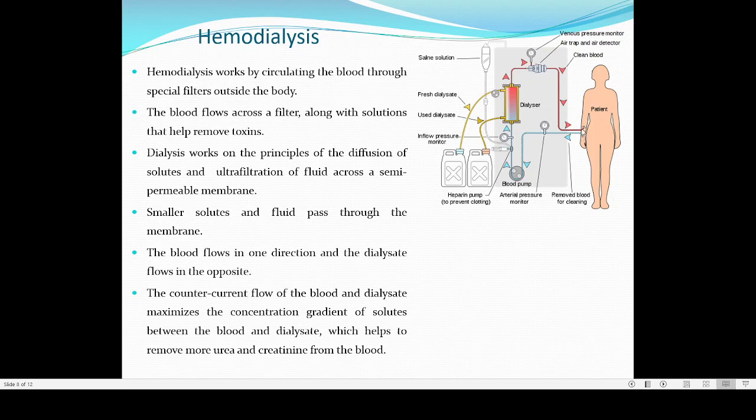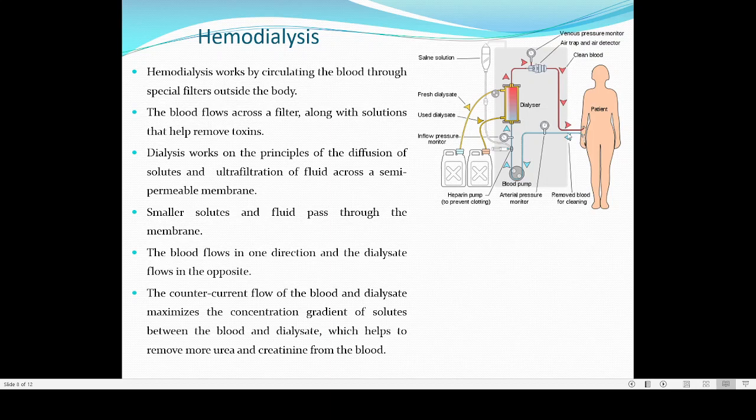One tube will be connected with our veins. Veins carry the impure blood, and that blood will be taken. This blue one is the venous blood, and this is the pure blood.